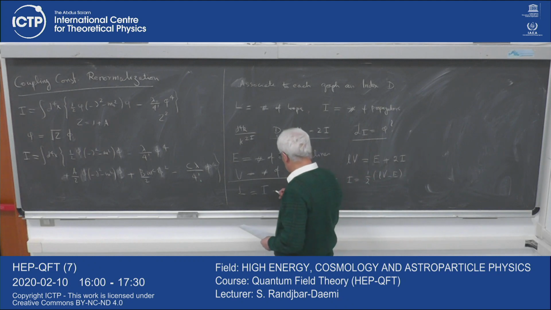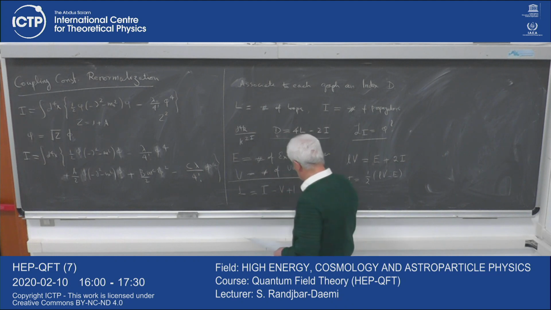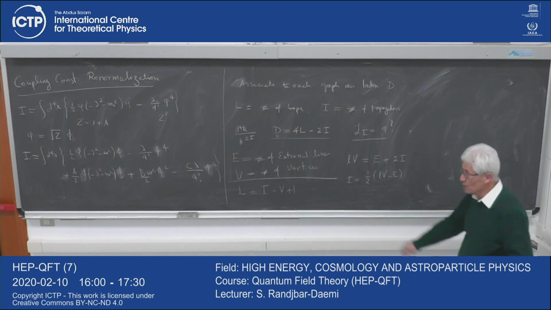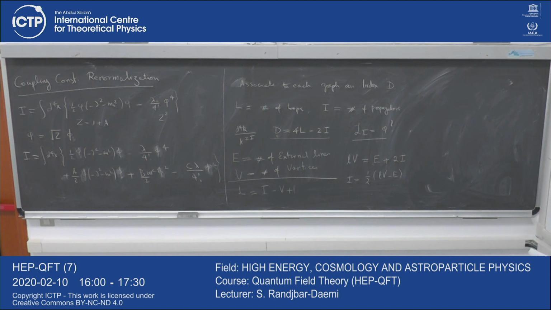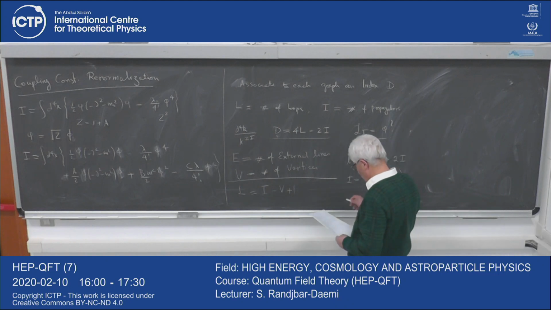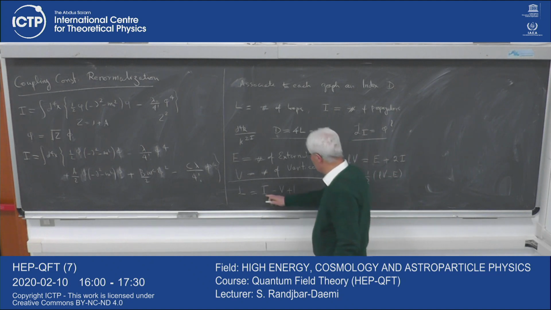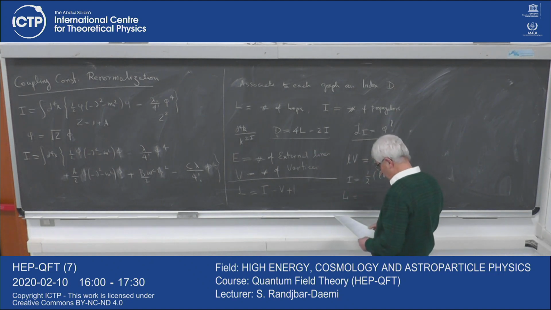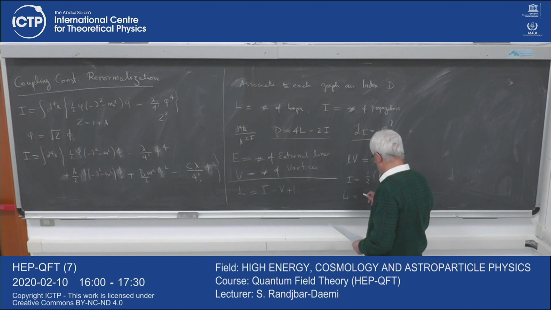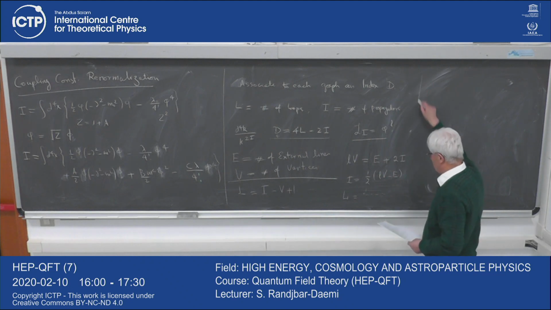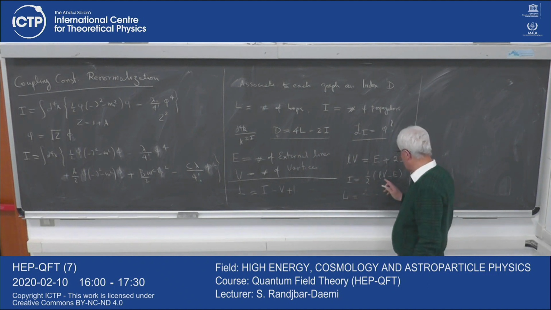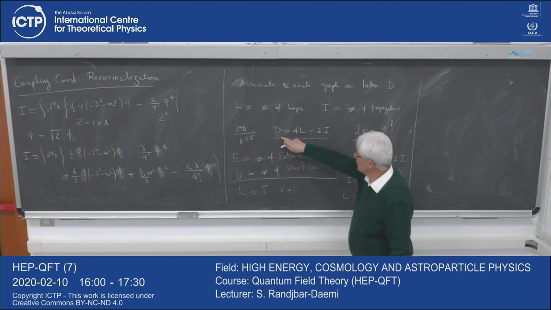So the number of loop integrations, therefore, is I minus V plus 1. This 1 is a surviving delta function, which ensures the conservation of the overall momentum. So you can substitute for I from here and express the number of loops in terms of V and E. Okay, this simple algebra is in the notes, I'm not going to write it. Writing I and the number of loops in terms of V and E, plug this back in star.